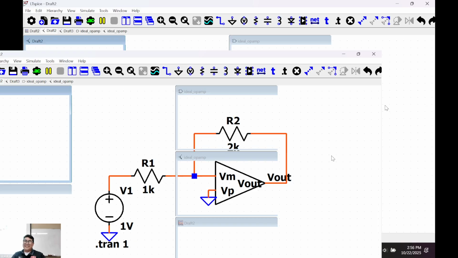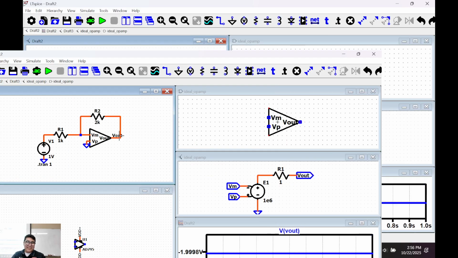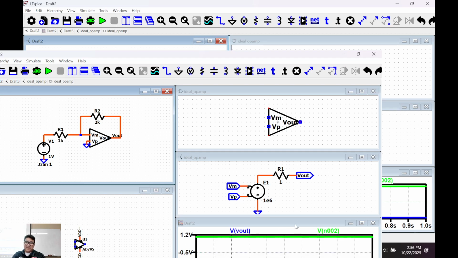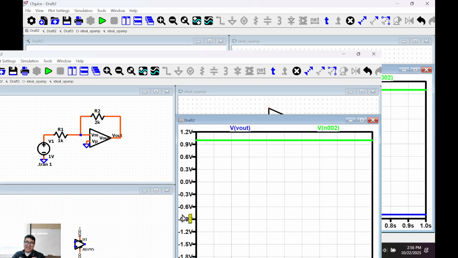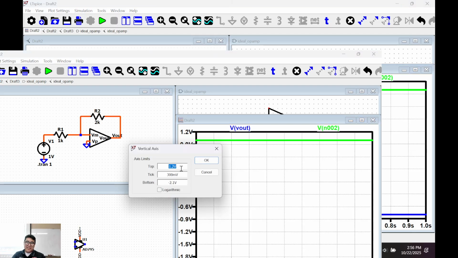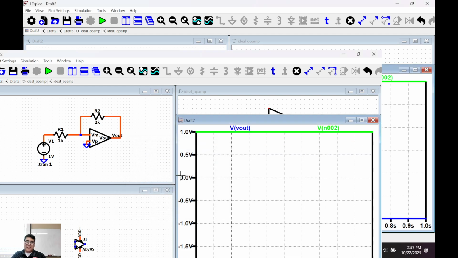Let's do it. Is that minus 2? Close enough, right? Actually, let me just do this. Top is going to be 1 volt. Bottom is going to be minus 2 volts with a tick of 0.5 volts. We did it. There we go.